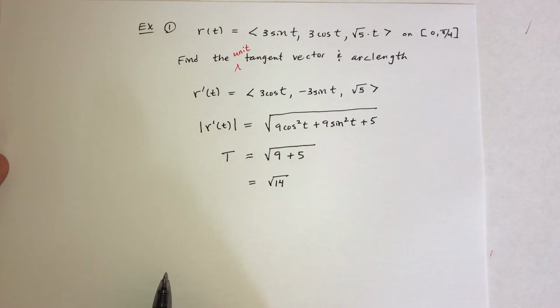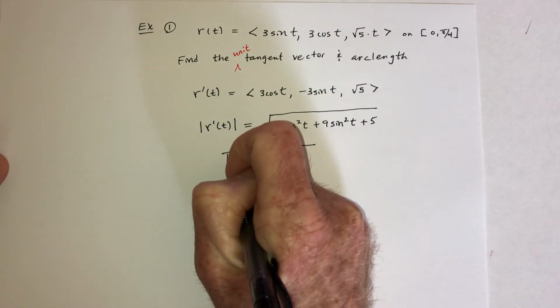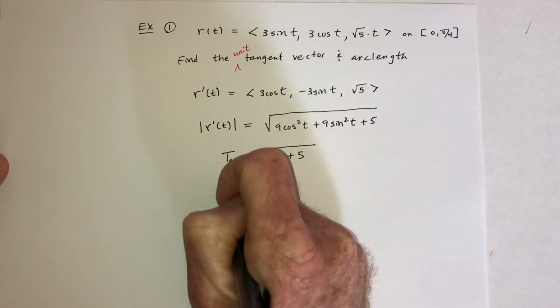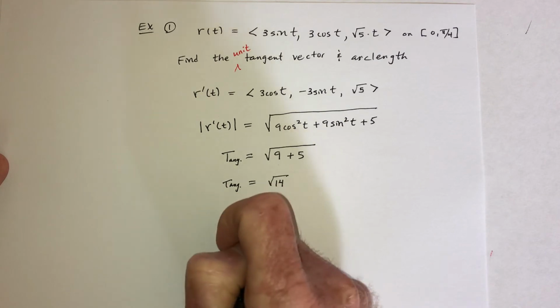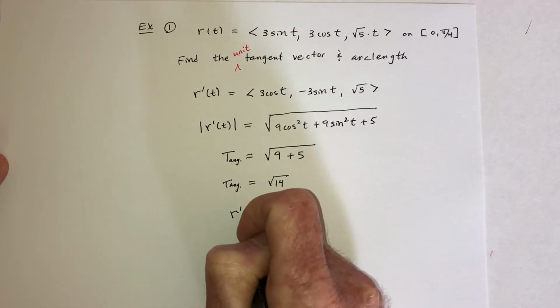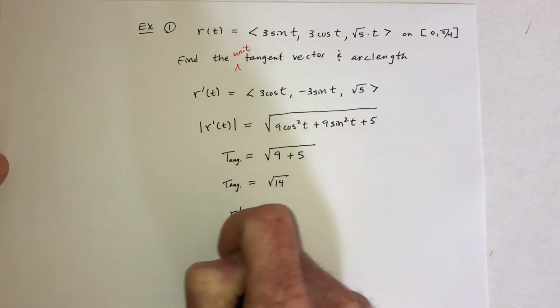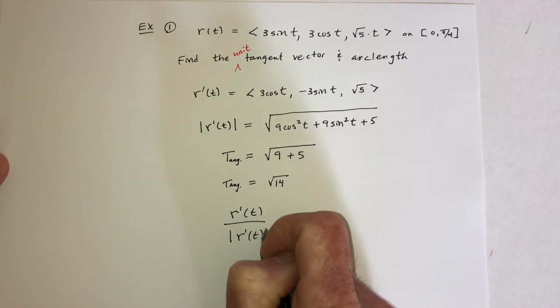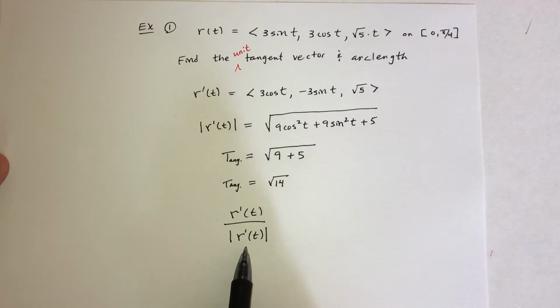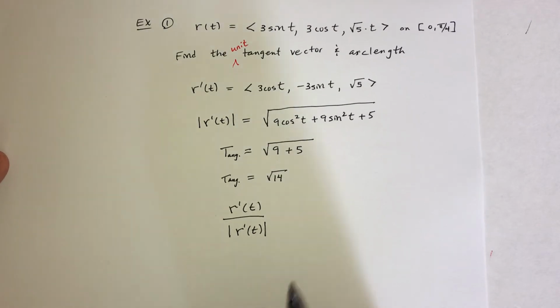And the unit tangent vector, oh hold on, this is the tangent vector. And then the unit tangent vector is take the derivative divided by the length of the derivative. So this is going to make it 1 unit when you divide it by its length.